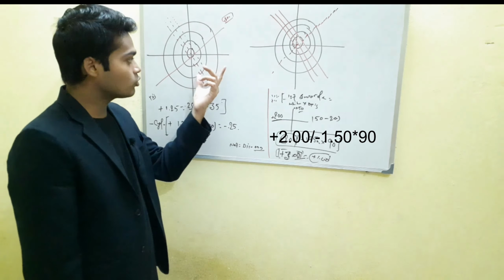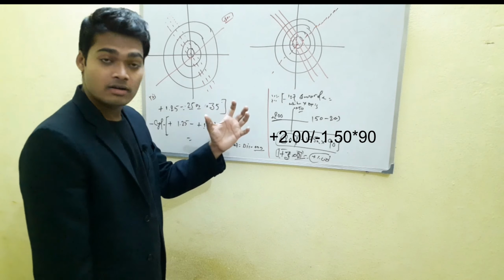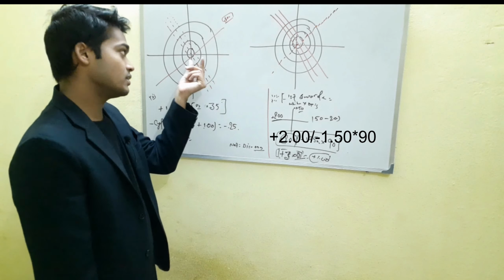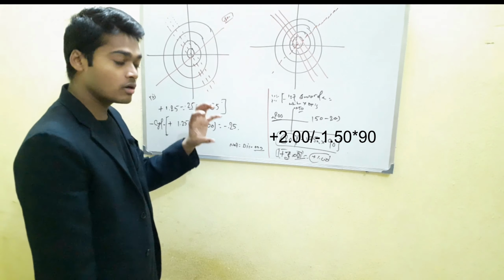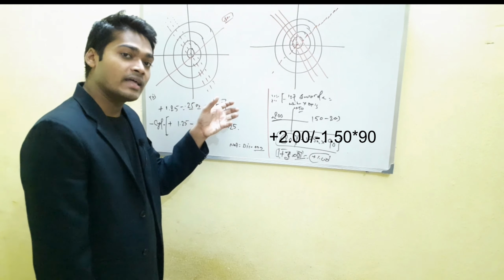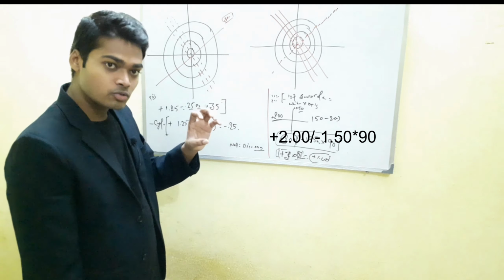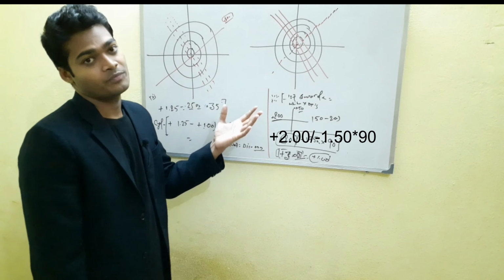Then fix the power wheel at 0. I already drew the picture in the previous session. Now we put the lens, and it gets blurred. After blurring we turn the wheel to the maximum plus side, then turn it back into the minus side. When we turn into the minus side, we first see a single line getting prominent.